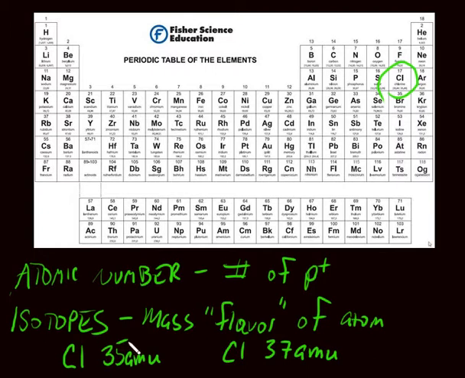So in chlorine 35, if it already has 17 protons, I'll put that right here. Well, for chlorine 35, if it has 35 total mass units, 17 of those are protons, well then chlorine with a mass of 35 must have 18 neutrons. Chlorine with a mass of 37 must have 20 neutrons.